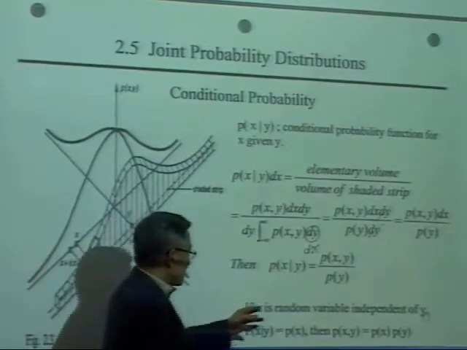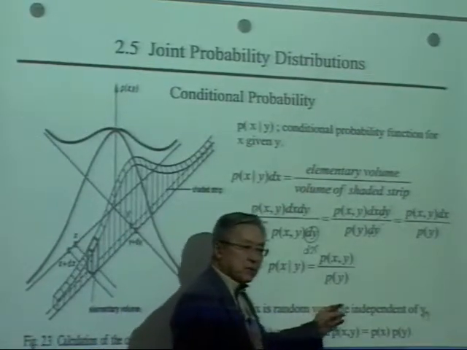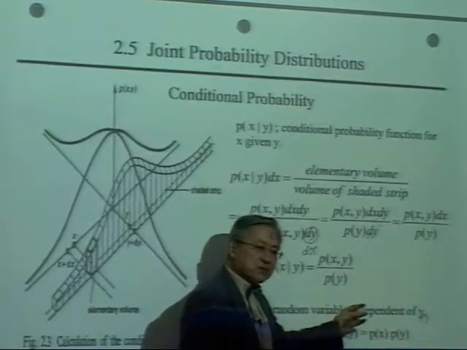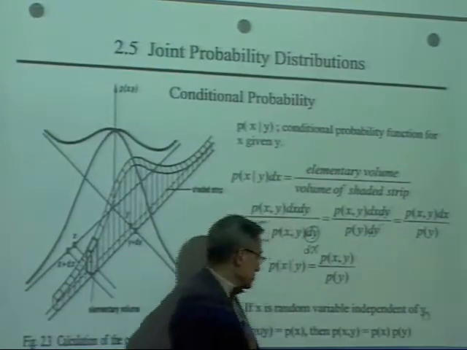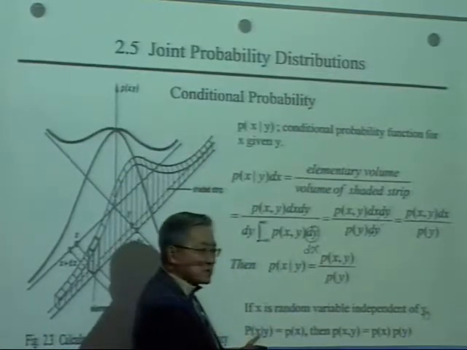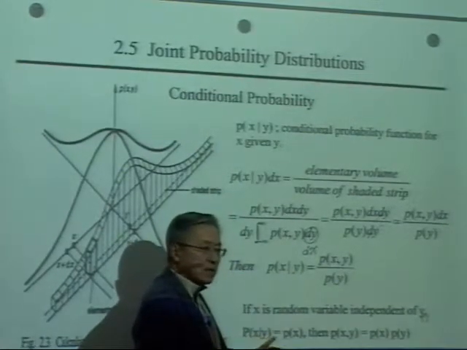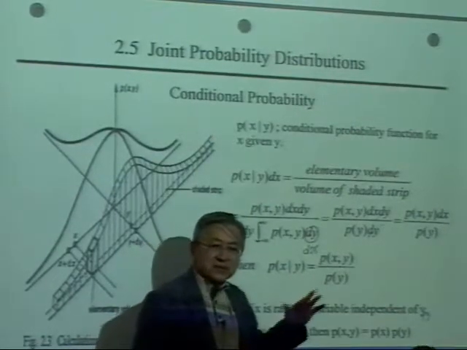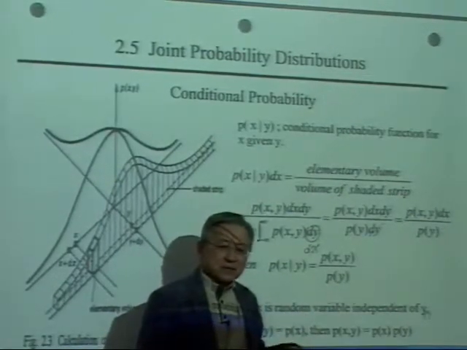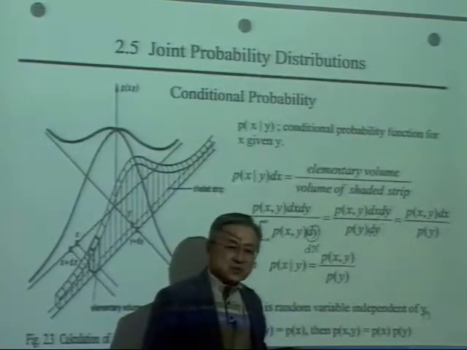If x is a random variable independent of y, then p(x|y) is simply p(x), because it has nothing to do with y. They play individually.